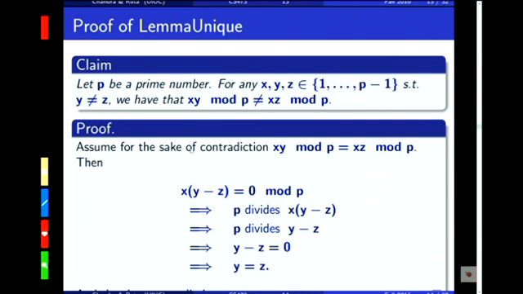You cannot have two factors, one from x and one from y minus z, that combine to form p, because p is a prime. But p cannot divide x because x is less than p. So it has to divide y minus z. But y minus z is also less than p, so y equals z is the only possibility.